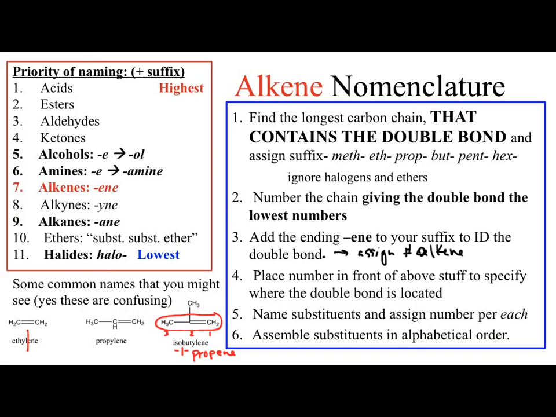Do we have any substituents? Methyl. How many methyl groups? Methyl on number 2. Oh, 2, yeah. We get 2-methyl-1-propene. Kind of makes sense?